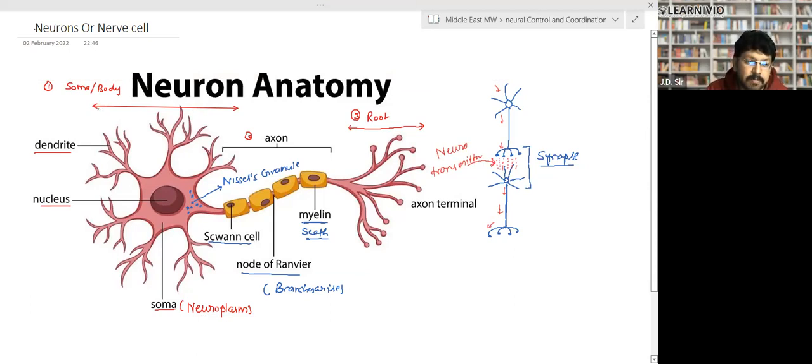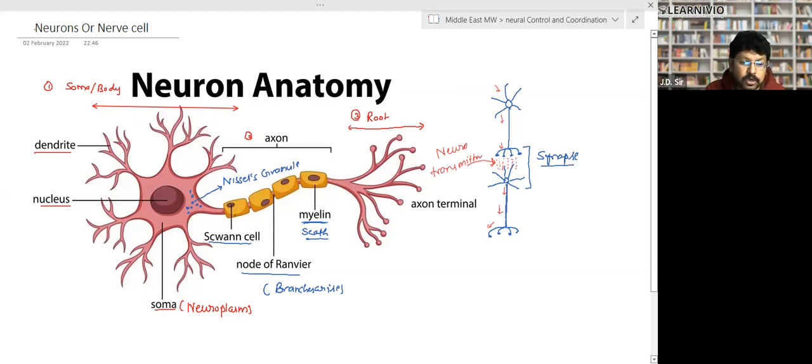This part is called the soma or body, and the soma has some branch-like structures called dendrites. It has a large prominent nucleus. Around that there is protoplasm called neuroplasm. There are some Nissl's granules, and we discussed that Nissl's granules are responsible for the formation of protein. And this part is called the axon.